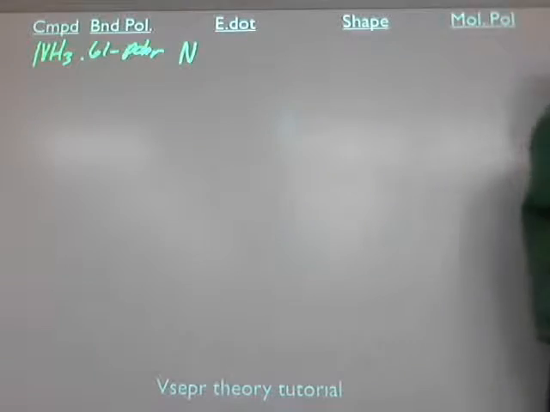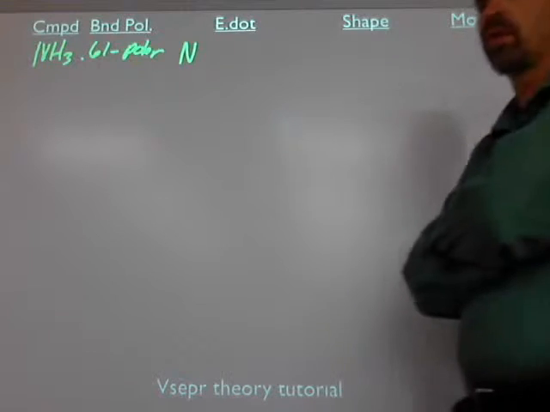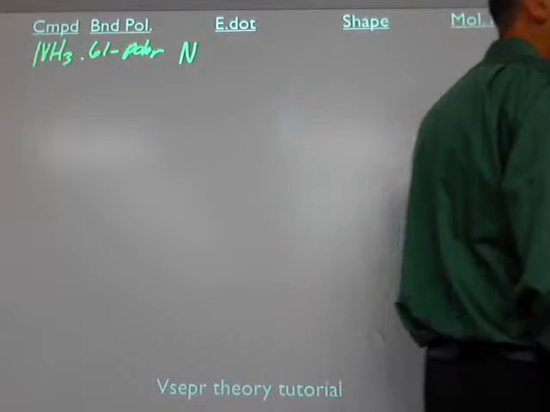I'm going to draw N by itself. Try this one on your own, actually. Just do that one. I'll give you a second to try this on your own. At least do the electron dots on your own, if nothing else. Then I'll do it on the board, because you're going to be doing these on your own in a minute, when I'm done with these 3 more examples.